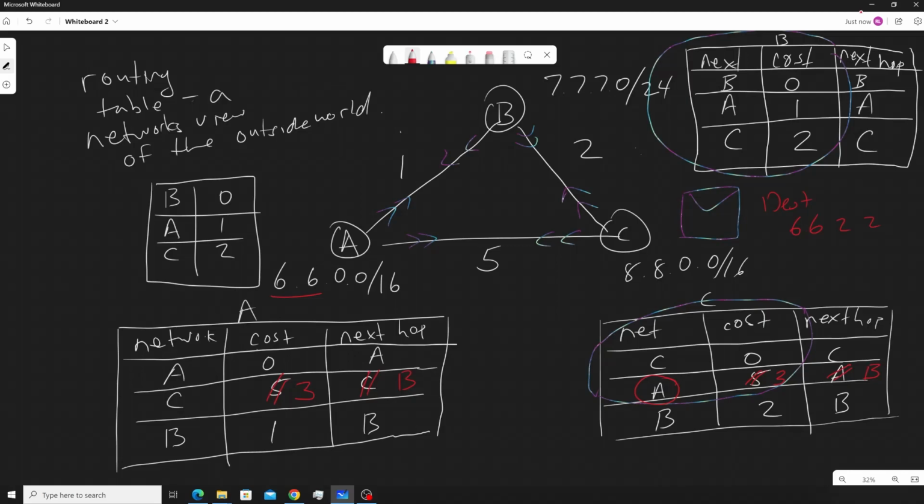That is, let's say that this edge suddenly becomes much more expensive. Let's say it becomes a cost of 4. Now, A and B both realize this, and so they will update their numbers accordingly.